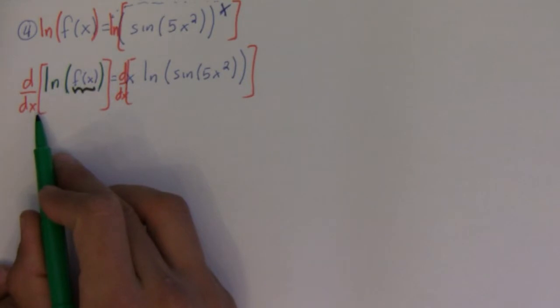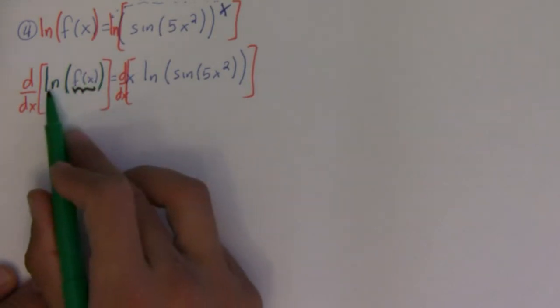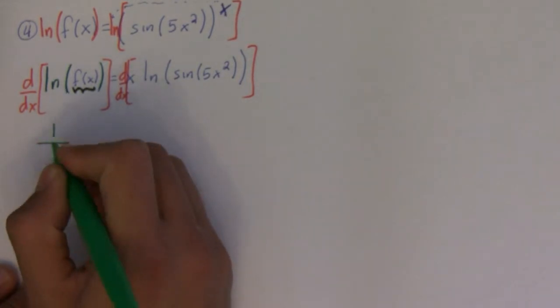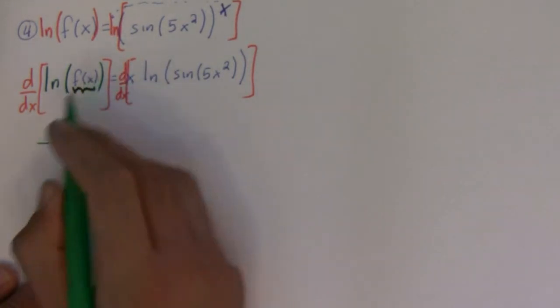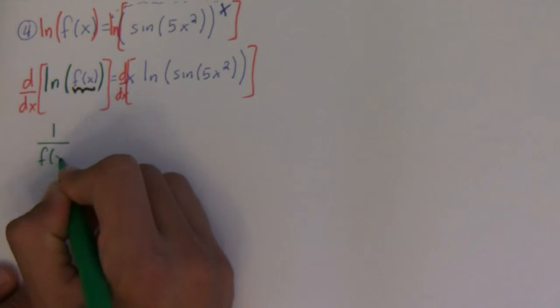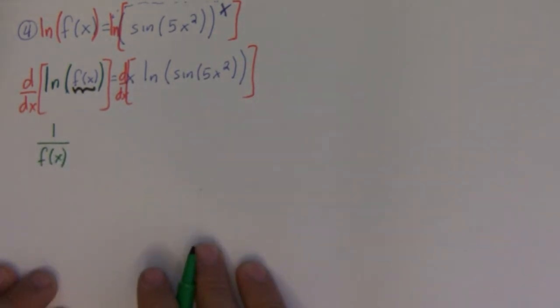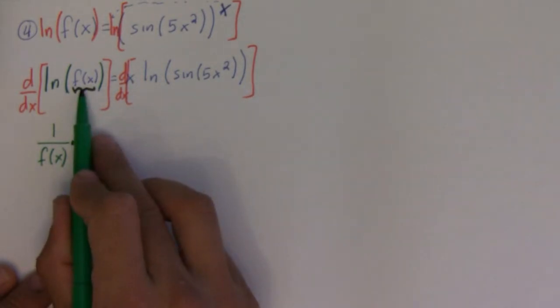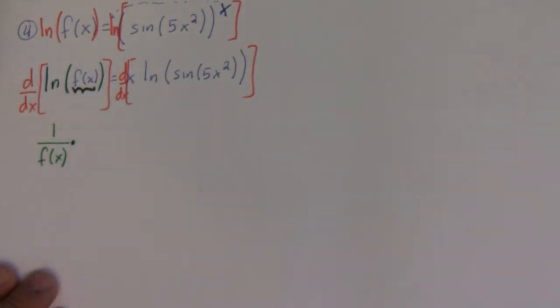So we have the derivative of natural log. Remember, the derivative of natural log is just 1 over x. So instead of x, we have 1 over f of x because you leave the inside alone. And then times the derivative of the inside.